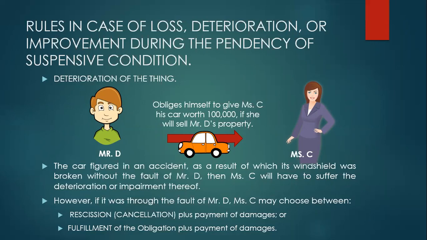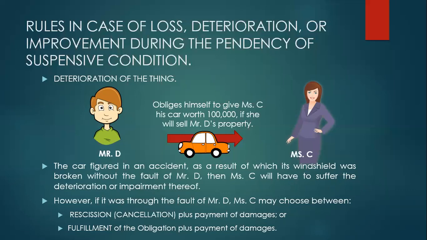If the car figured in an accident, as a result of which its windshield was broken without the fault of Mr. D, then Miss C will have to suffer the deterioration or impairment thereof, because the accident is not through the fault of Mr. D. However, if it was through the fault of Mr. D, Miss C may choose between rescission or cancellation of the obligation with payment of damages.